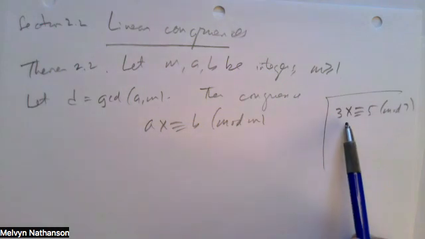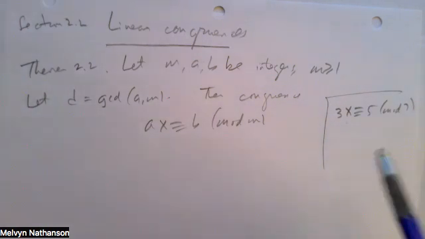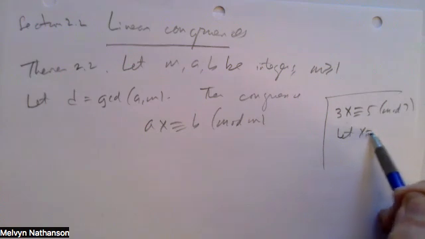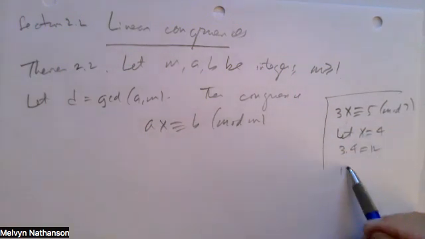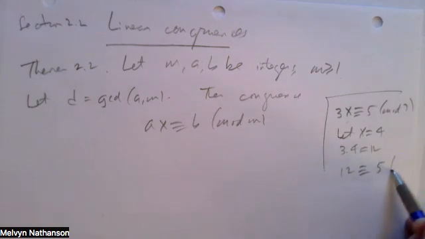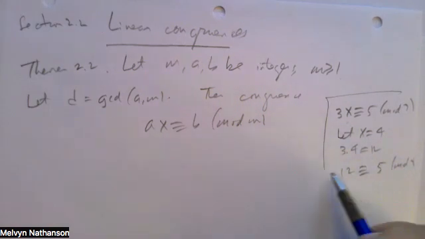So let's see. X equals 0 doesn't work. X equal 1 doesn't work. X equal 2 doesn't work. 3 doesn't work. 4 does work. Suppose we let x equal 4. 3 times 4 is 12. And 12 is congruent to 5 mod 7.